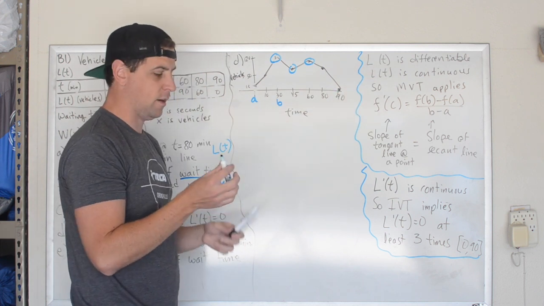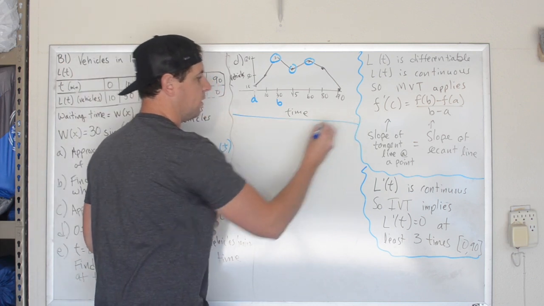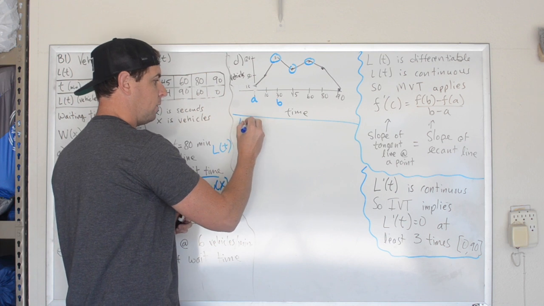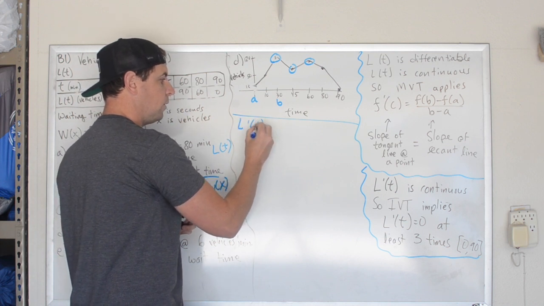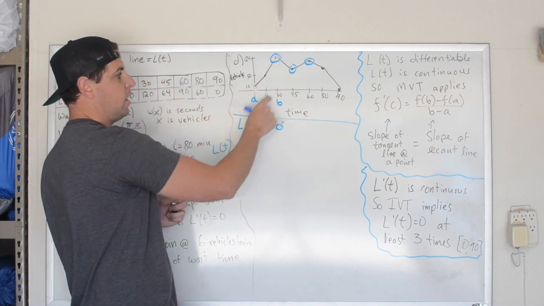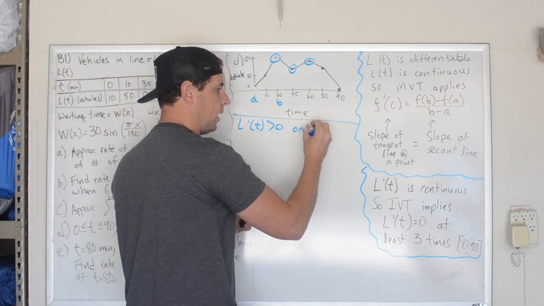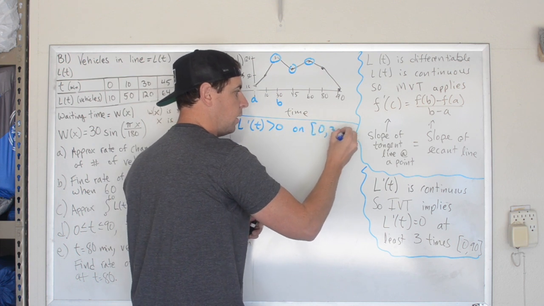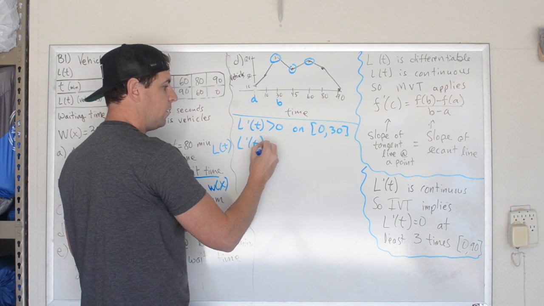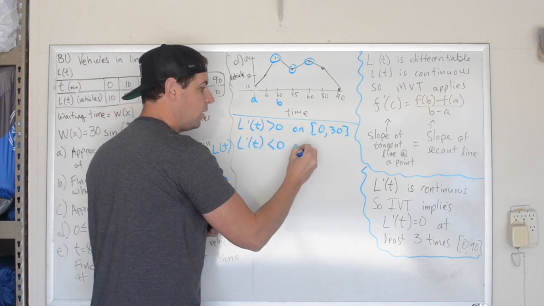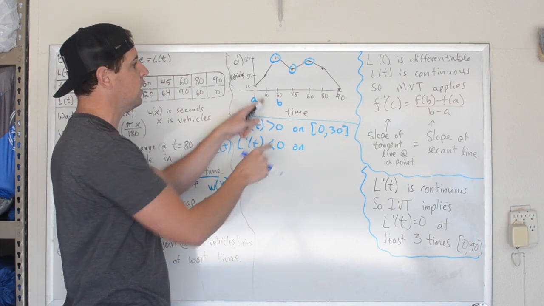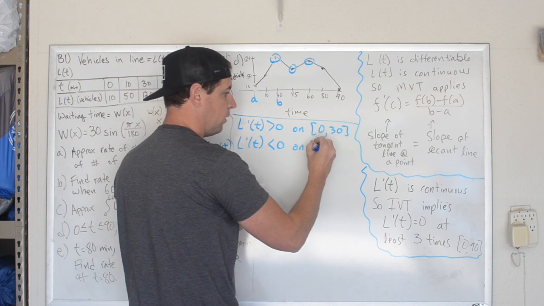So because of the mean value theorem, here's what we're allowed to say. Yeah? Because the mean value theorem applies, we can say that L prime of t, the derivative, must be positive because this slope is positive on the interval 0 to 30. That L prime of t is going to have to be negative, at least at one point, guaranteed, because we're looking for the fewest numbers, guaranteed to be negative between 30 and 45.